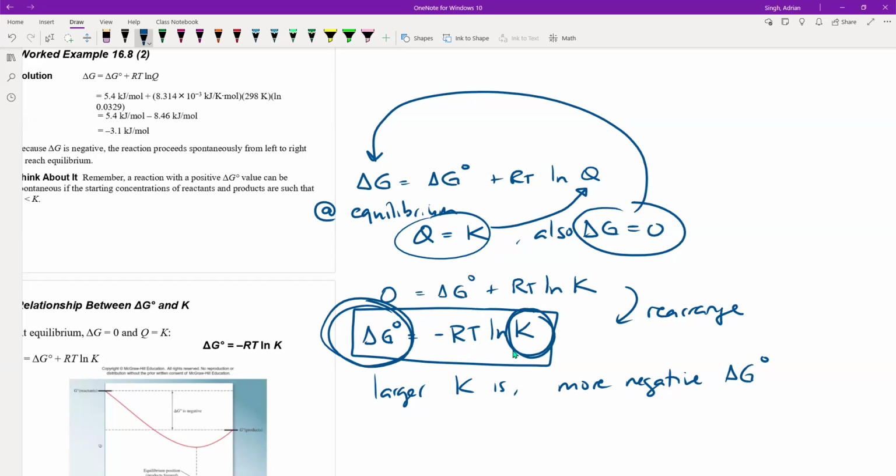Now this is one of the more important equations of thermodynamics because it allows us to find the equilibrium constant for a reaction if we know the change in the standard Gibbs free energy, or vice versa. We can go backwards and forwards, calculating either of these two things if we know one of them. And we know R is the gas constant, and we know the temperature, as long as we convert it to the Kelvin scale.